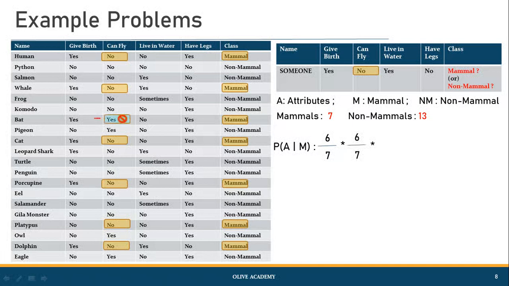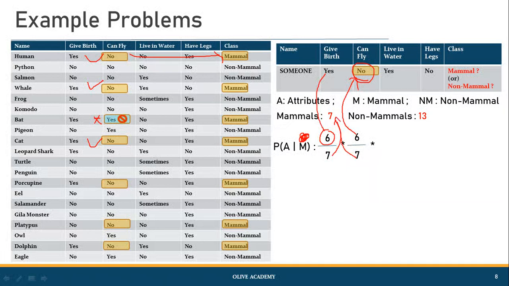The question is about can fly equal to no, so you need to count only the no values against the mammal, because here we are talking only about the mammal count. So there are 6 give birth equal to yes out of 7 mammals, and similarly, 6 no values out of 7 mammals.